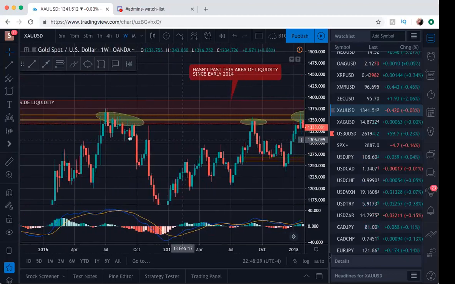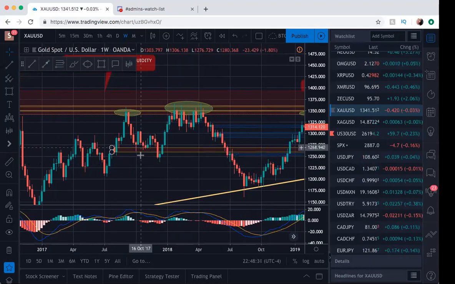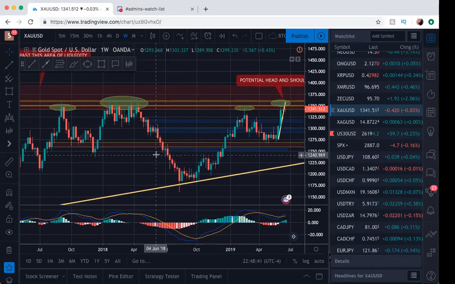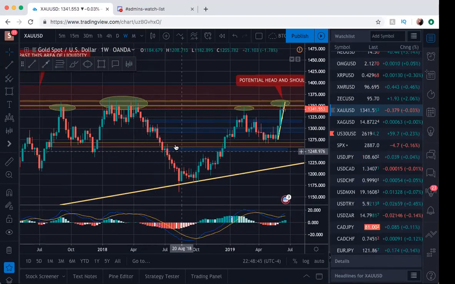No. So this order block right here, good respect. False breakout to trap retail traders, then right back up. Then we break out and retest. Look at that. This is literally exactly what I just went over here. And then come back up and then break out and retest.